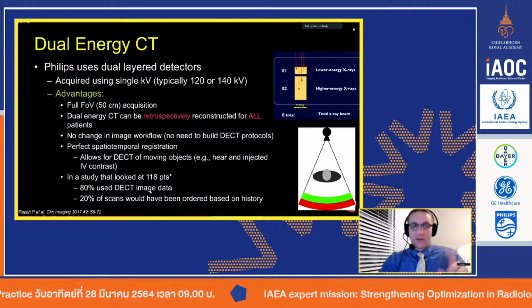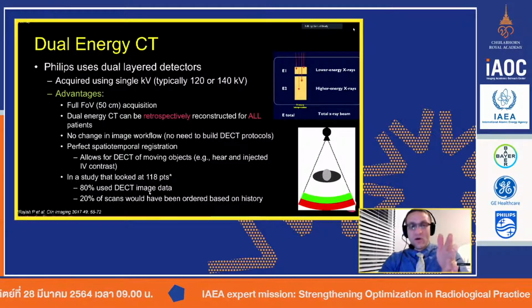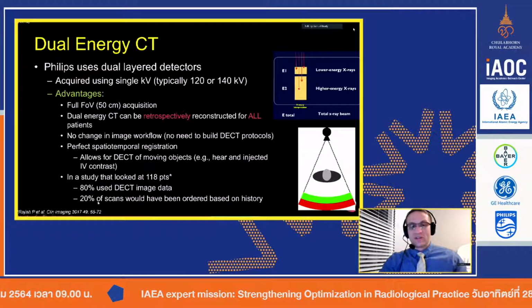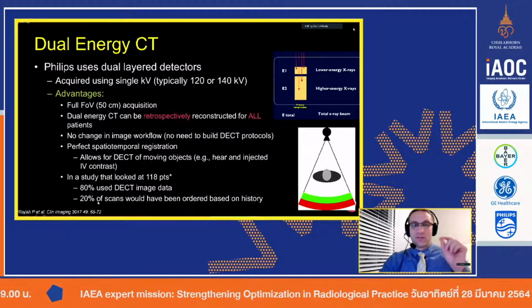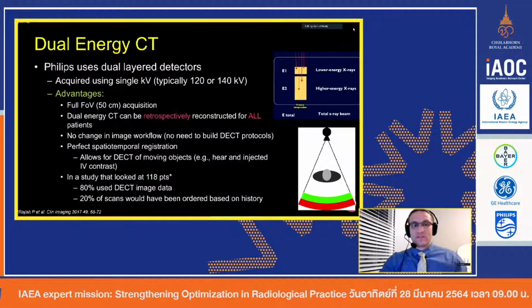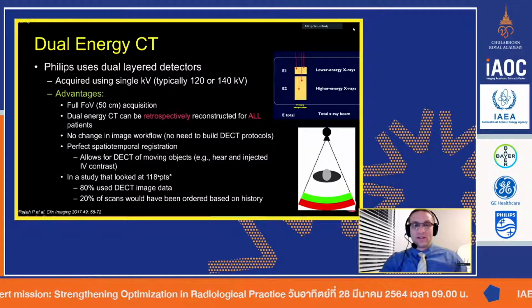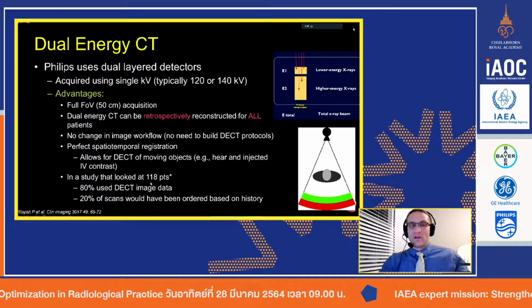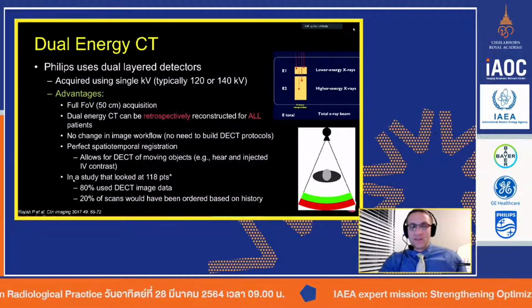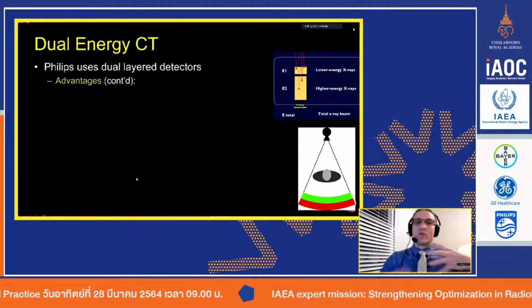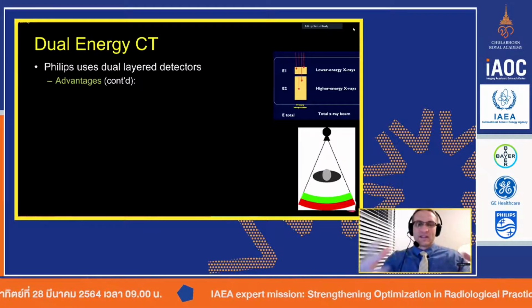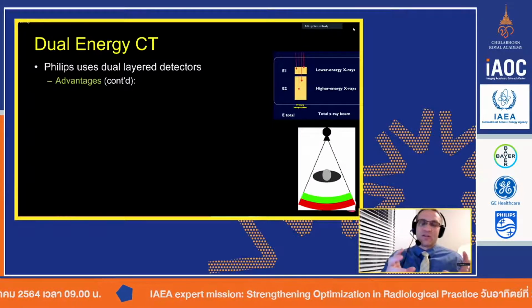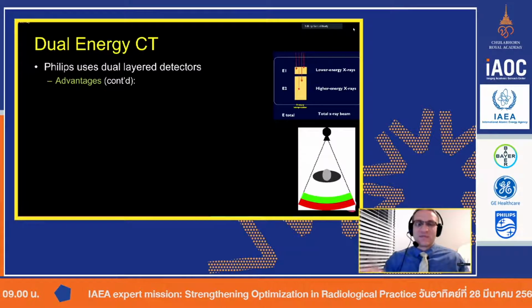But when you look at the patient history, only 20% of those patients would have been protocoled for a dual energy CT. So if these same 118 patients had been imaged on either of the two previous scanners, we would not have imaged 60% of them with the right protocol. We would have left out 60% of the data, and the radiologist would have been left with less information.